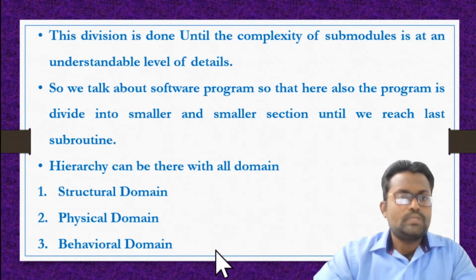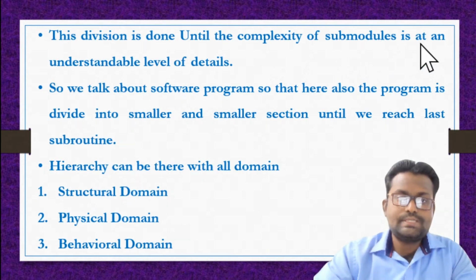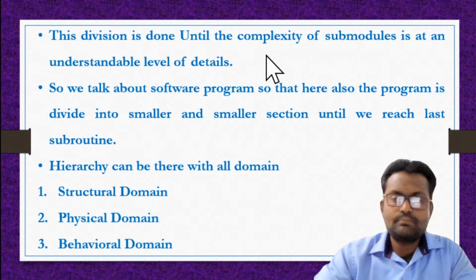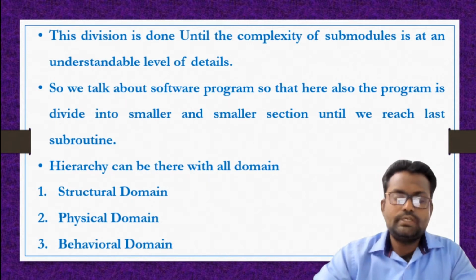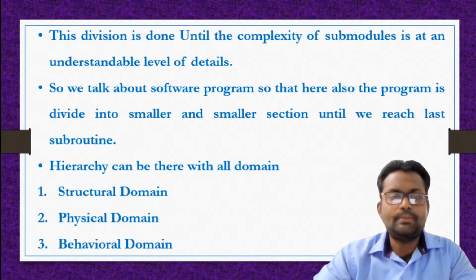Now this division is done until the complexity of the submodules is at an understandable level of detail, meaning we can divide the submodules down to a last category through which the designer can easily implement it.